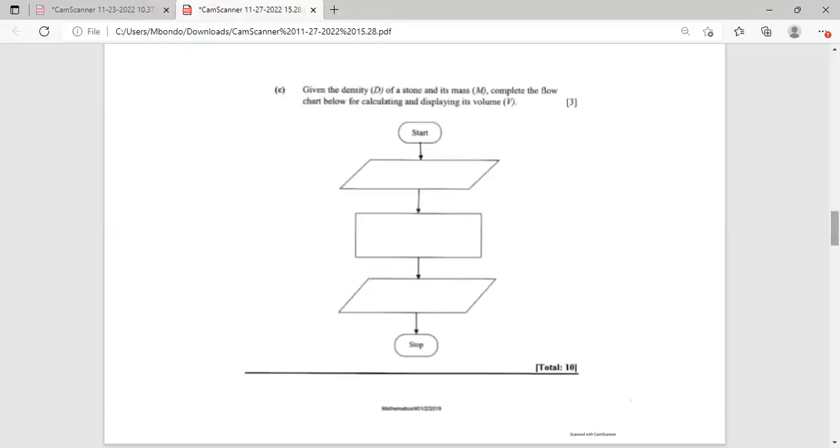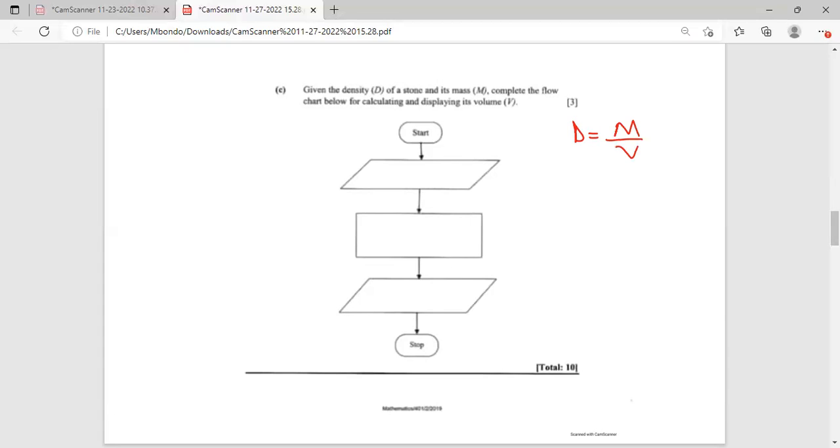And again, if you read this question, it's actually the same thing. Given the density of a stone, you know that density is equal to what? Mass over volume.